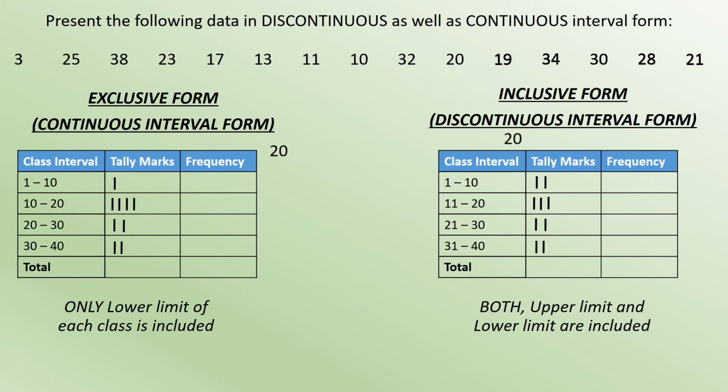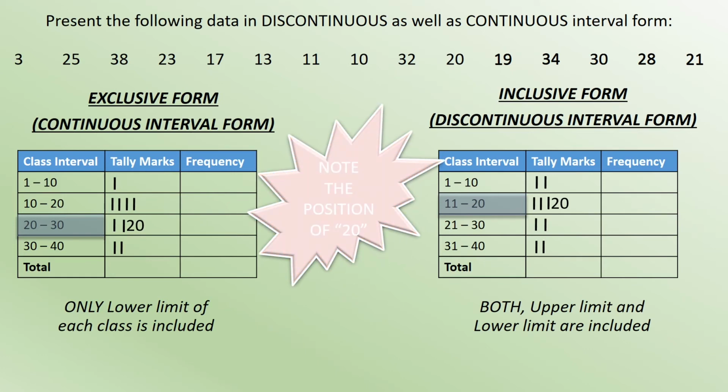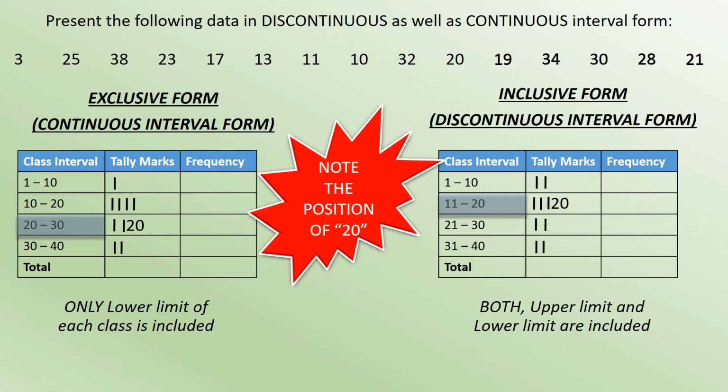Now for exclusive form, it belongs to the class interval 20 to 30, because 20 is the lower limit for the class interval 20 to 30. Whereas 20 is appearing only one time in the class intervals of inclusive form. So it belongs to the class interval 11 to 20.